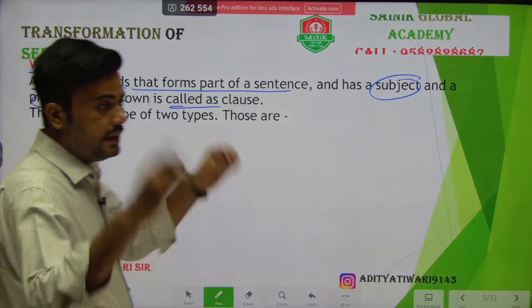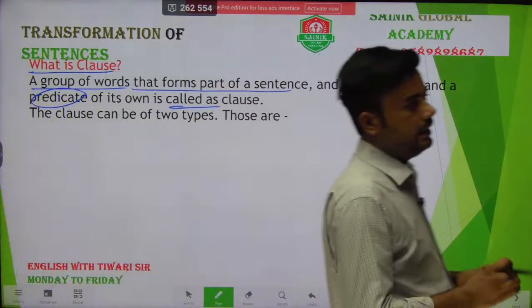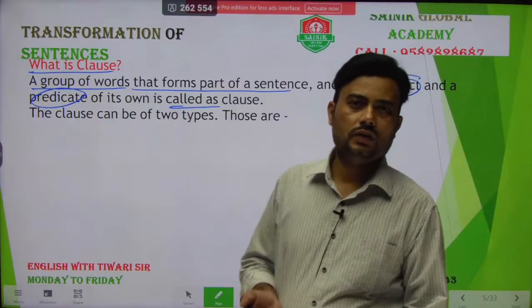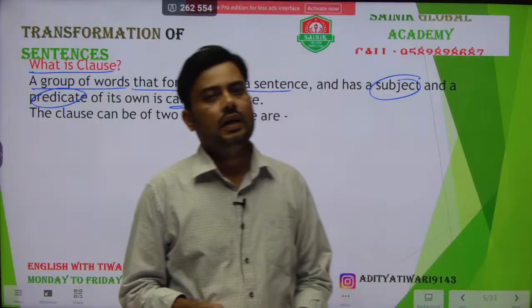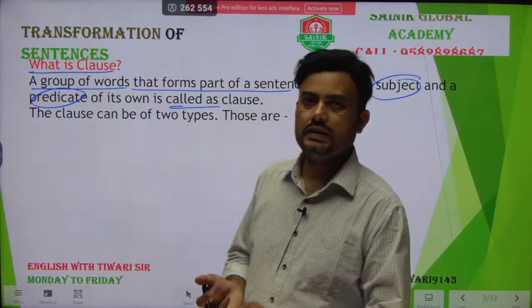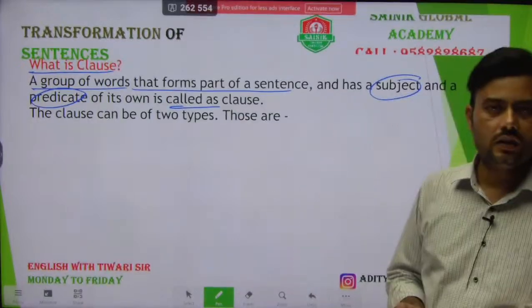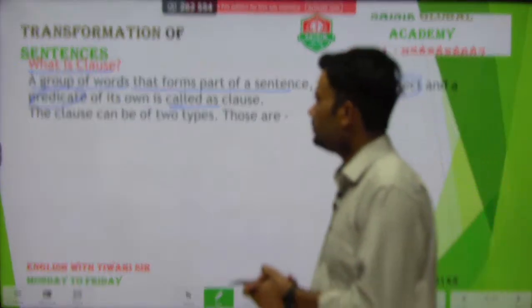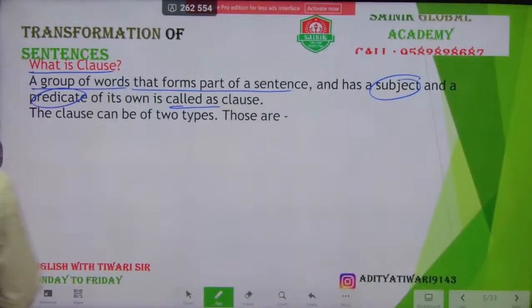See beta, in a simple way we can understand what is clause. A clause is a sentence which has its own subject as well as its own predicate. That is called a clause. And the clause can be of two types.